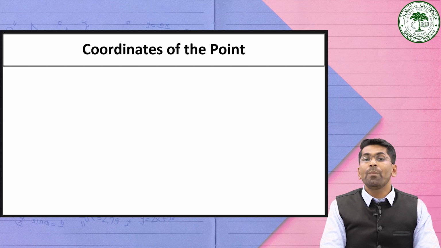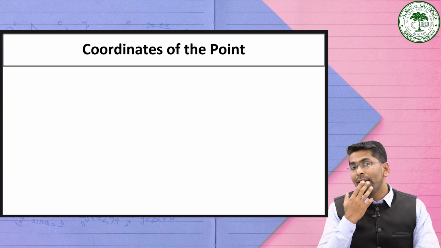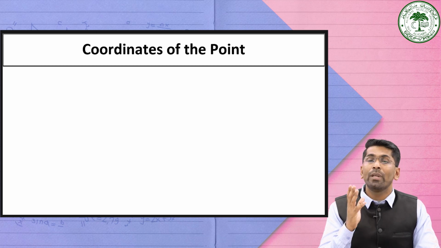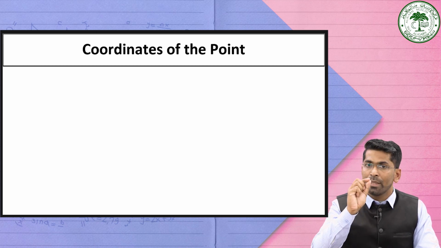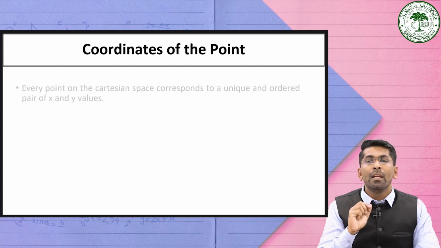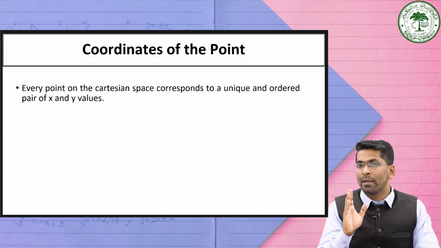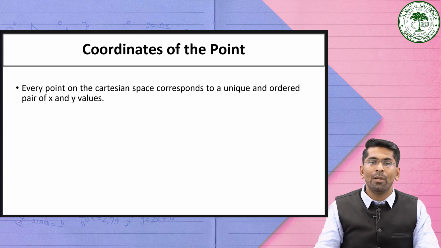Now the coordinate points. As we already discussed earlier, the Cartesian space explains a systematic way to describe the position of a point in a plane. So every point on the Cartesian space corresponds to a unique ordered pair, that is x and y values.